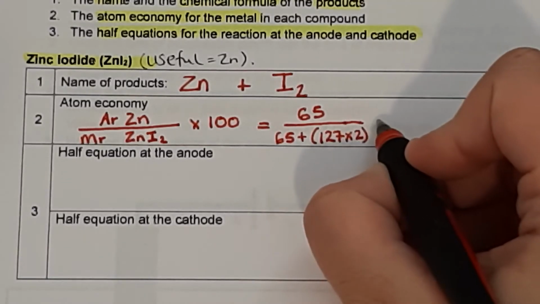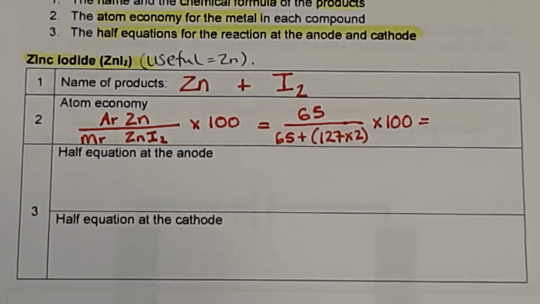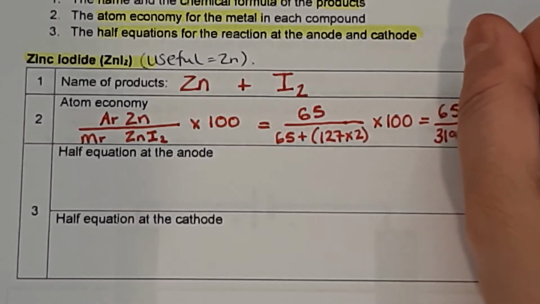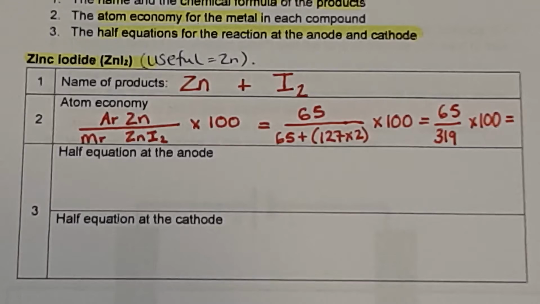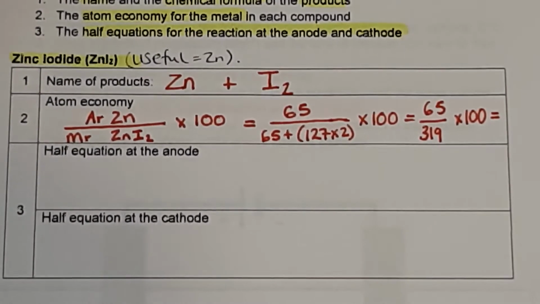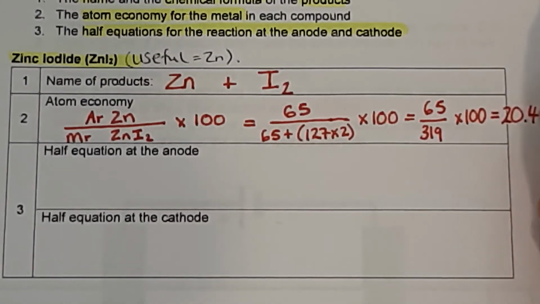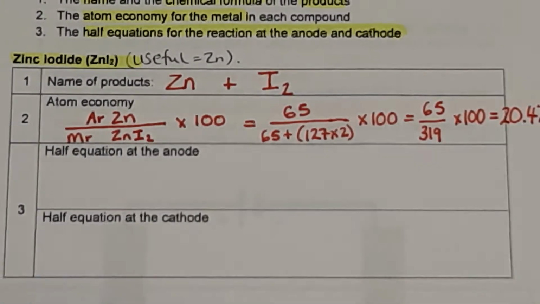All of that divided by that, multiplied by 100, which is going to equal 65 divided by 319, again all times 100, which will finally equal 20.376. So we're just going to call that 20.4. So that is our atom economy.